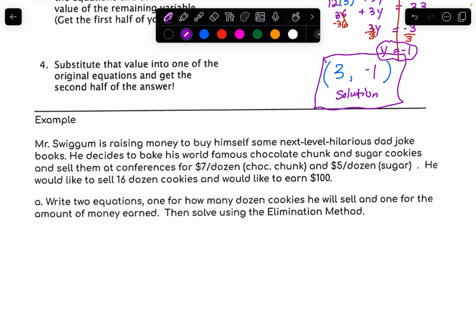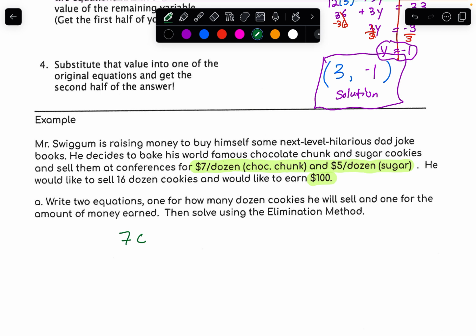So let's take a look at the money equation here maybe first. So money equation, we got $7 a dozen chocolate chunk. We got $5 a dozen sugar. I'm going to total up to $100. So, all right, let's write that equation. So we've got $7 per dozen of chocolate chunk.